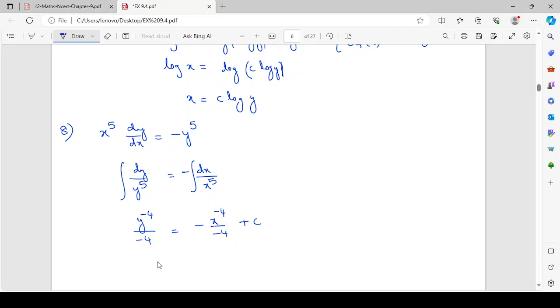I can multiply both sides by minus 4 and get y power minus 4 is equal to x power minus 4 plus minus 4 into c, which can be written as some constant c1. Of course, minus is there. Therefore, x power minus 4 plus y power minus 4 equal to constant is the required general solution.